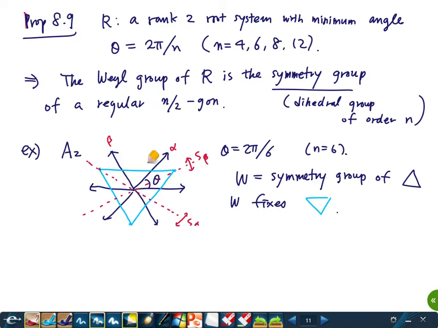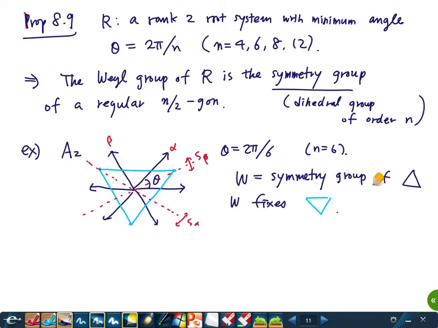And in fact, the Weyl group is really the same as the symmetry group, the group of all symmetries of this triangle. What do I mean by symmetry group? You consider all orthogonal transformations, so it's a rotation or a reflection, such that it leaves the triangle the same.